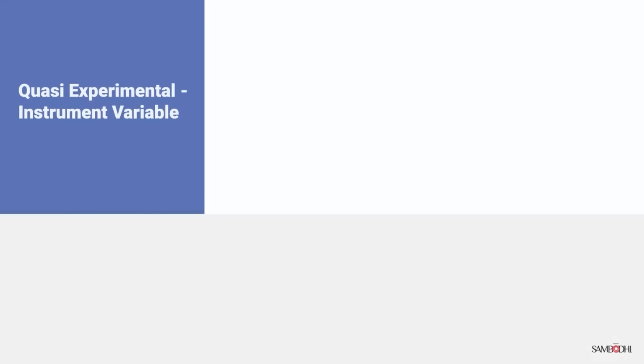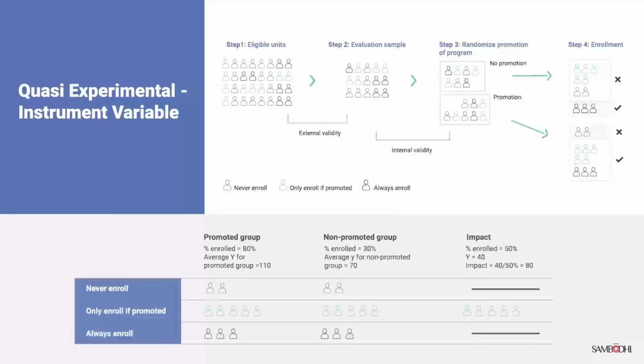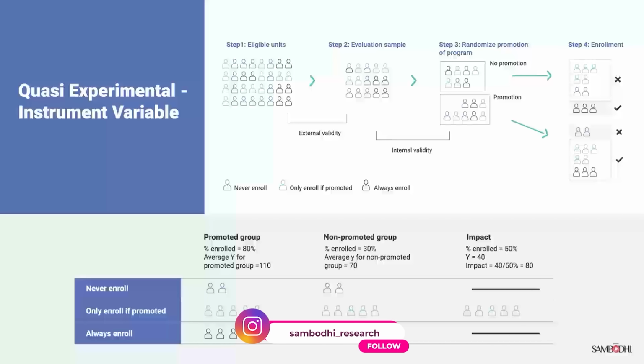The instrumental variable approach of quasi-experimental research can be understood with the help of the following diagram. In this example, first, one needs to identify the population which is eligible for such an evaluation. Out of the eligible population, the evaluation sample is then drawn. Following these steps, two groups are identified, that is, the treatment group where the promotion is done and the control group where no promotion is done.